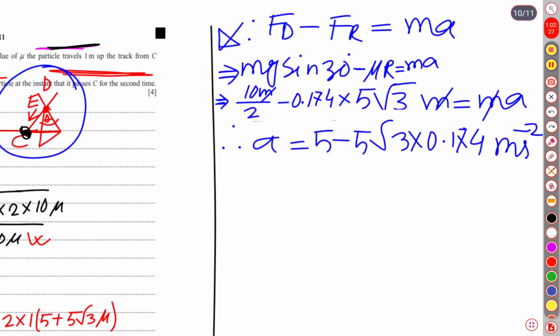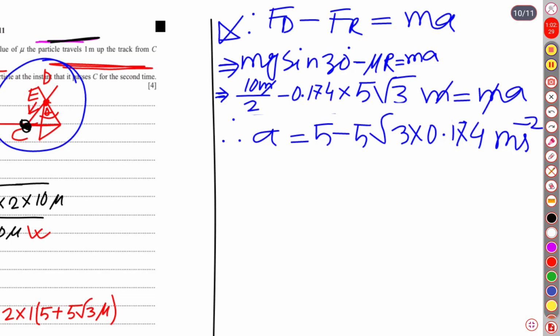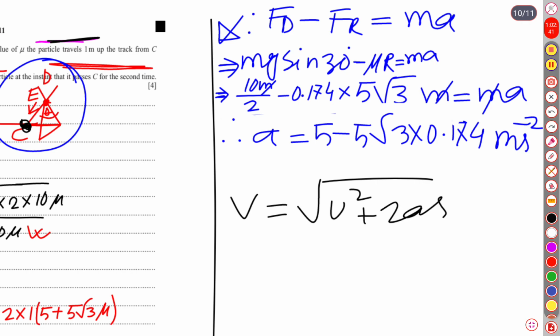Let us apply the same concept. V squared equals u squared plus 2as, hence V equals the square root of u squared plus 2as. The initial velocity was 0, the acceleration is plus, 2 into, and the displacement was 1 meter.